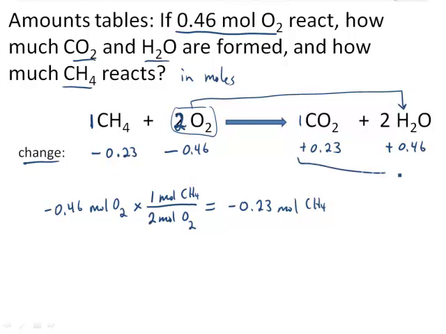These are positive because they're forming. And I would recommend when you do any of these calculations, don't even worry about the signs. Just calculate how much, and you always know that the reactants are going to be negatives and the products are always going to be positives, because the reactants are reacting, so they're going away. And so for any particular reaction, if you know how much any one of these is changing, you'll know how much all the other ones are changing in terms of moles.